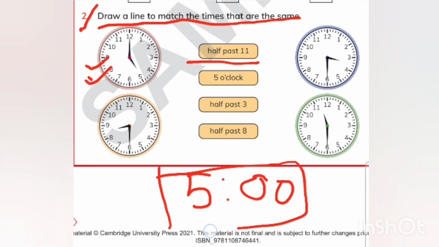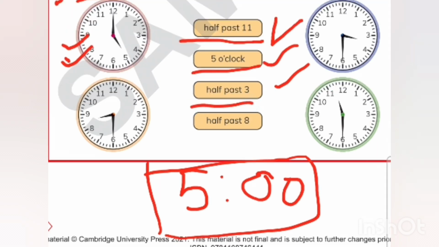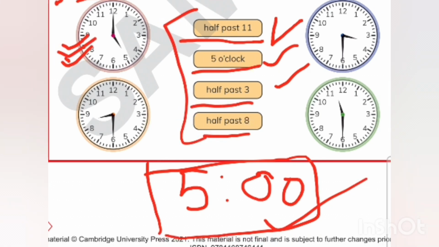In a digital clock we write the numbers in this pattern, but in words we will use this pattern. 5:30, 5 o'clock in English means half, a few words like this. This pattern is called the time in words. Okay, fine. Now you have understood. This is a digital clock, this is an analog clock, and this is the time in words.